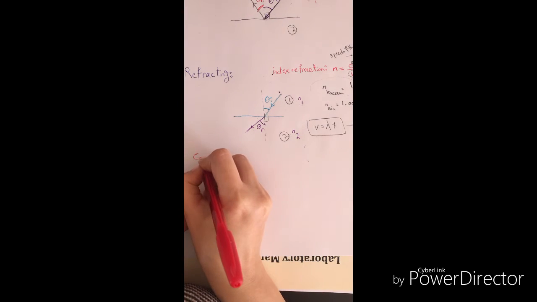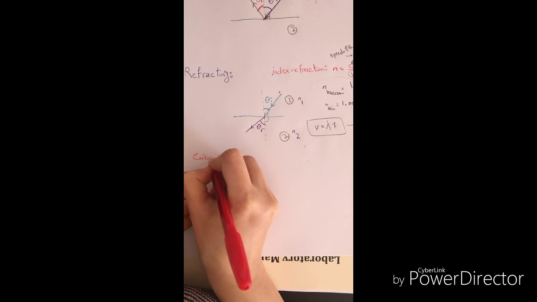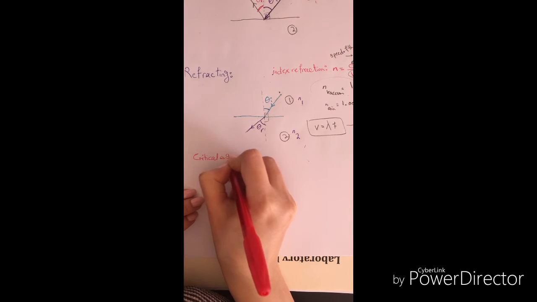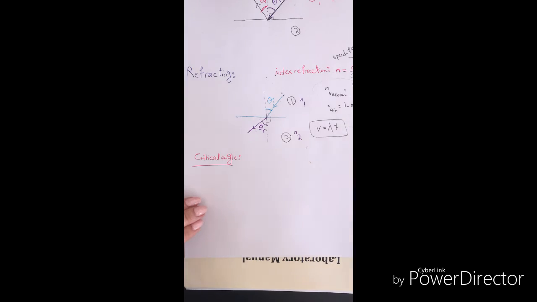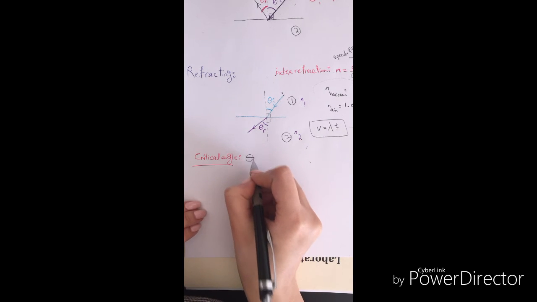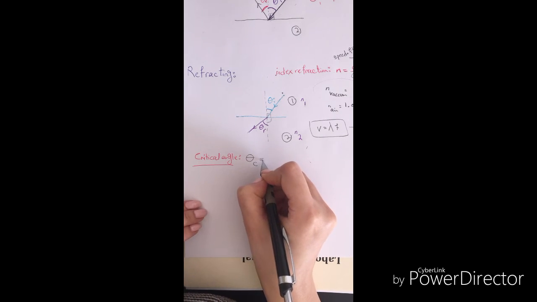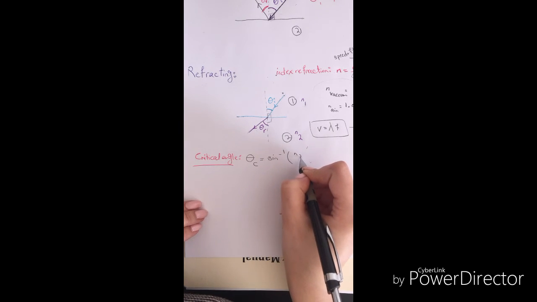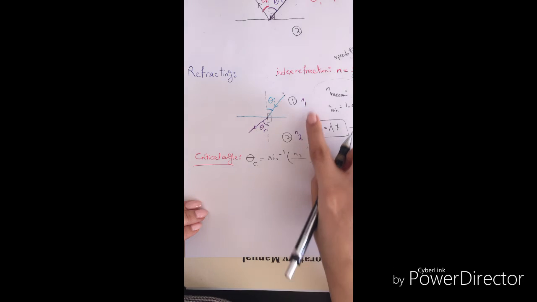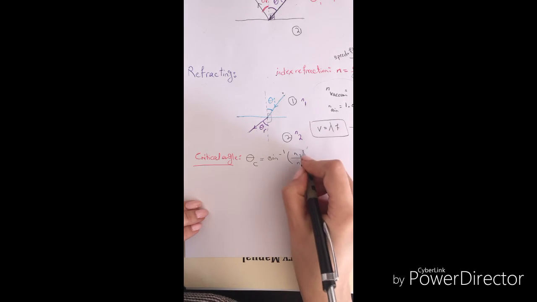Okay, so the critical angle is theta critical equals sine inverse of index 2 over index 1.